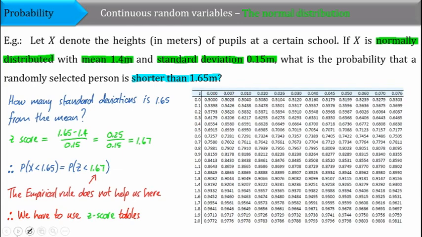Now the z-score tables are really easy to use. In this case, we're interested in finding a z-score of 1.67 because we want to know what is the cumulative probability associated with it. This table, our z-score table, or our standard normal table, or our z-table, or our cumulative normal table, whatever you want to call it, it contains cumulative probabilities. So you can see if we start here, z being 0, now where will z be 0?